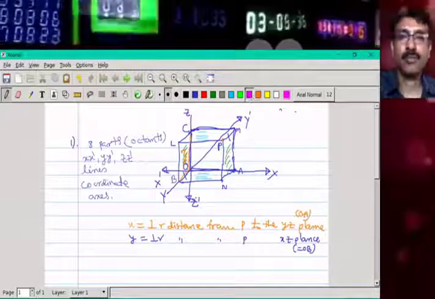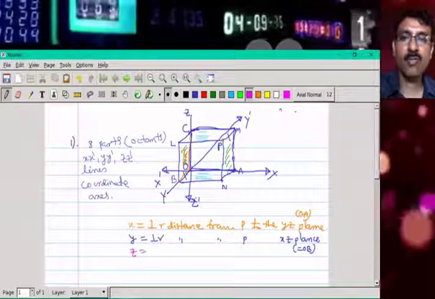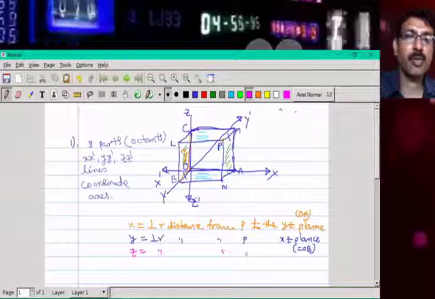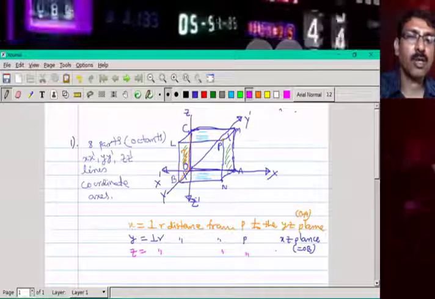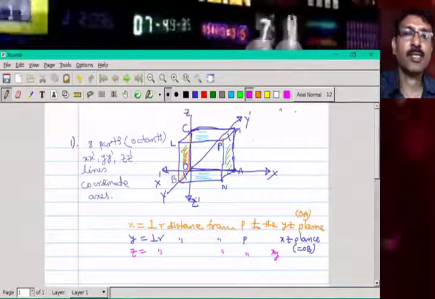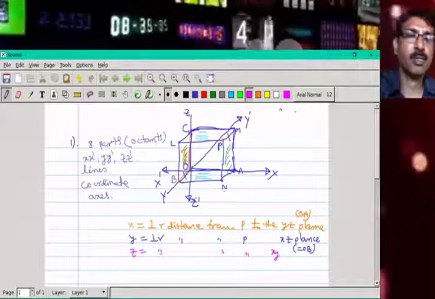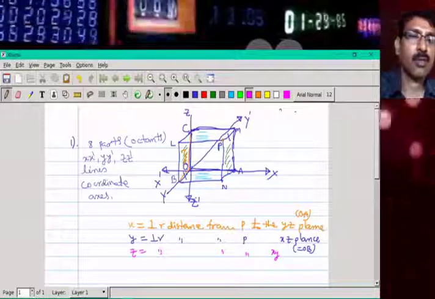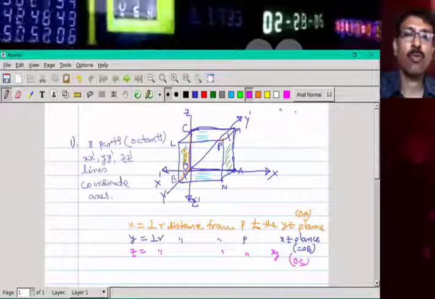Similarly, the z coordinate is equal to the perpendicular distance from P to the xy plane, formed by the x axis and y axis, which is equal to OC.